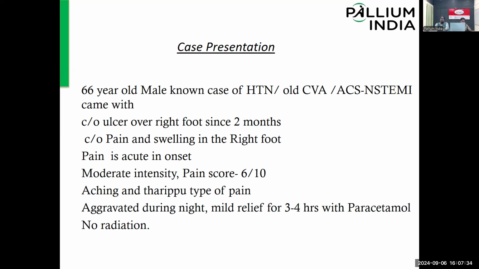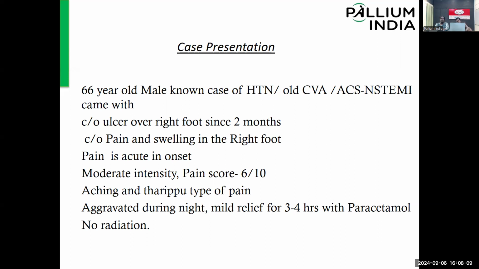What other medicines can we add with paracetamol and tramadol? Pregabalin, okay. Ketorolac. Why ketorolac? Sudha, why ketorolac? Yes, Jennifer, good. Adjuvant. Adjuvant can come because there is a type of pain with a purely neuropathic component.